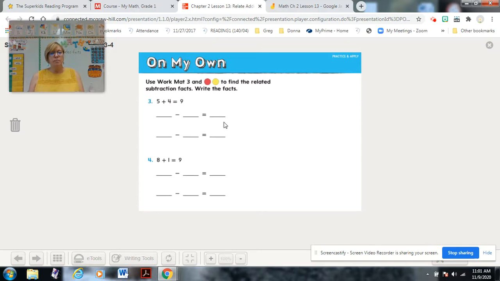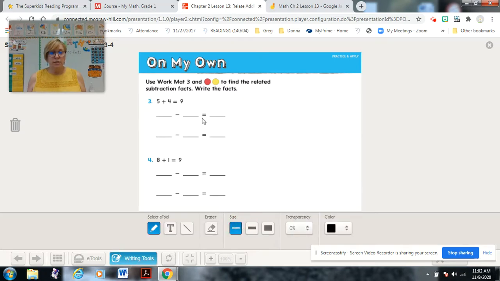Now, here's something that I want to tell you that if you didn't notice, whenever I showed you a subtraction number sentence, they always began with the same number, okay? So here's something to get you started for number 3. For this subtraction number sentence, both sentences will both begin with the number 9, okay?